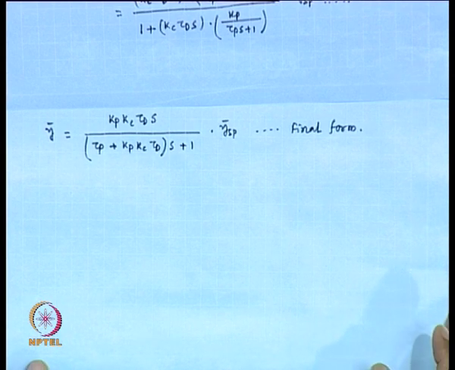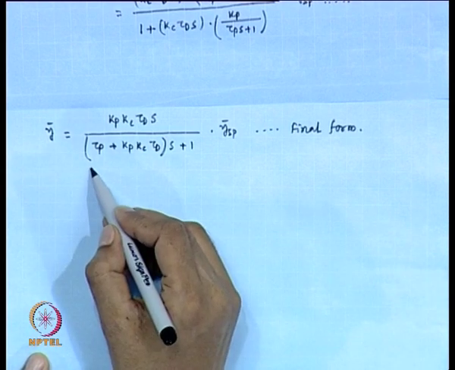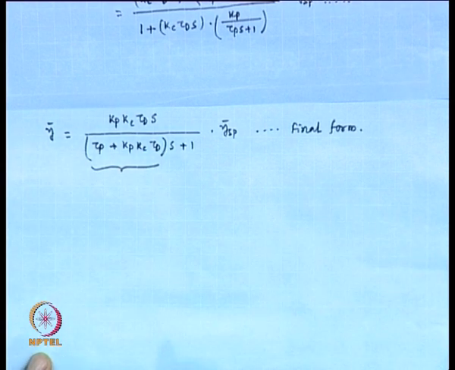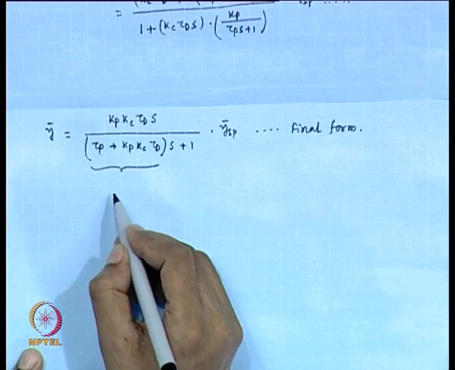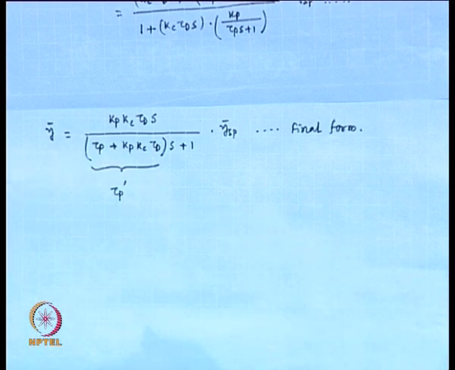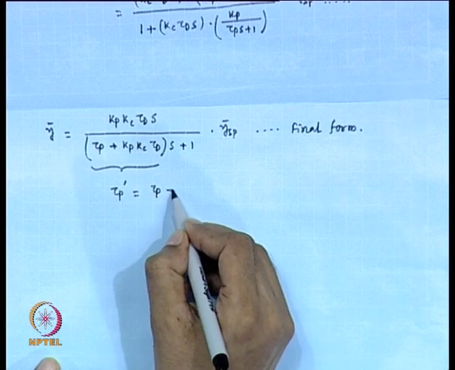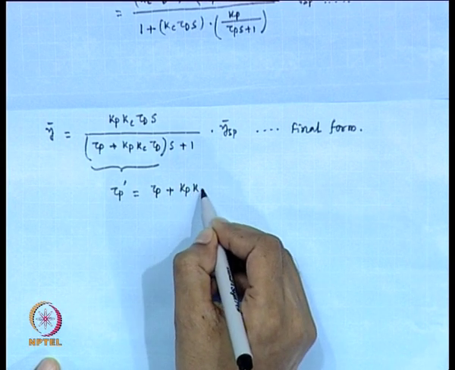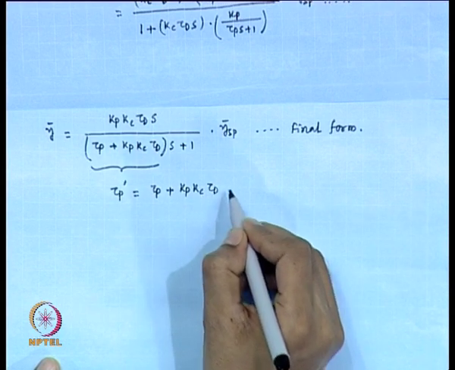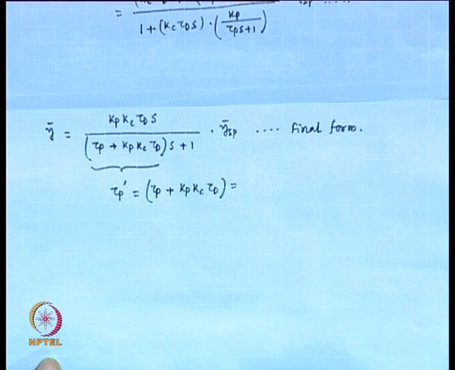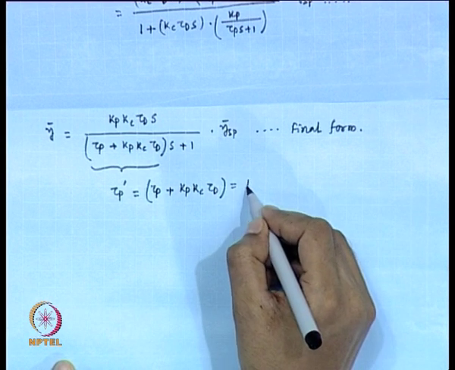Fine. Now, this is the time constant of the closed loop transfer function. So, this time constant we can call the effective time constant, denoted by tau p prime. So, tau p prime equals tau p plus Kp Kc tau d. This is called the effective time constant.